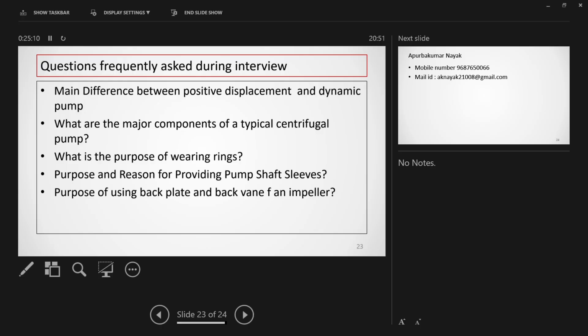Normally, when we are going to recruit a GET or any engineer in our industry, we use the mechanical discipline.